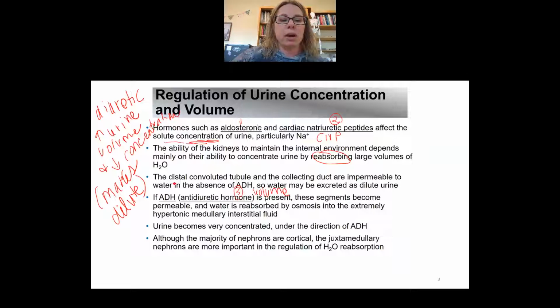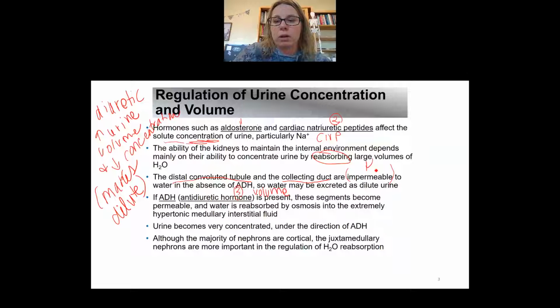The distal convoluted tubule, the end of the tubule that's far away from the glomerulus, and the collecting duct associated with the tubules are typically impermeable, making water unable to pass through those tubules. Once the water is in the distal tubule or the collecting duct, it's in the urine. It's not going to get reabsorbed.